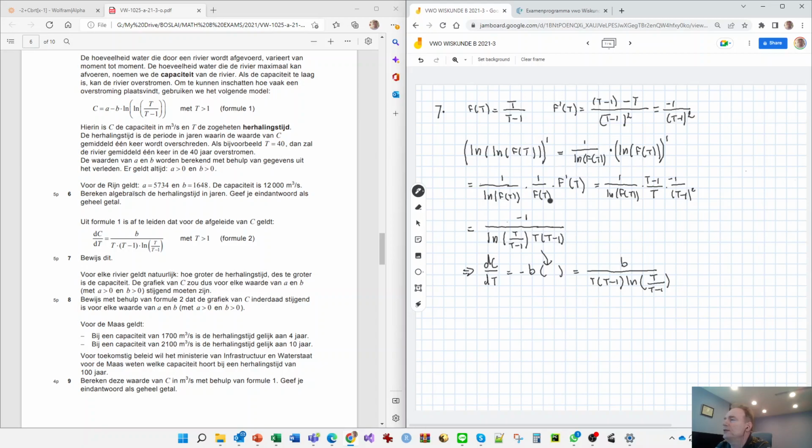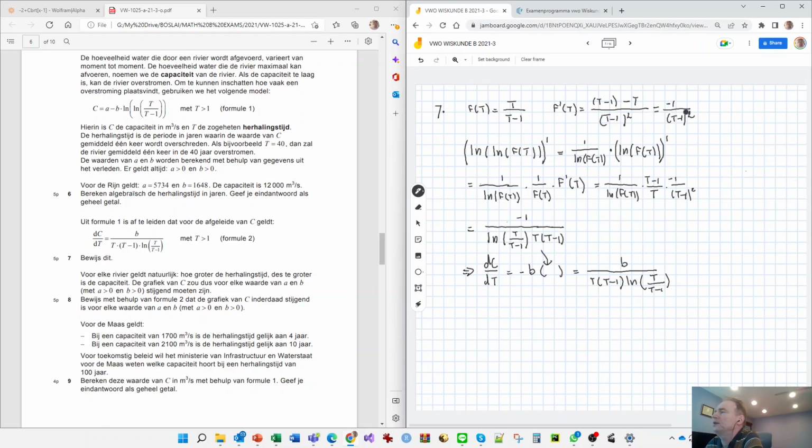So I keep this constant in front and have to apply the chain rule again. I get then 1 over whatever is inside the parentheses, and then times the derivative of the function. So we apply twice the chain rule.